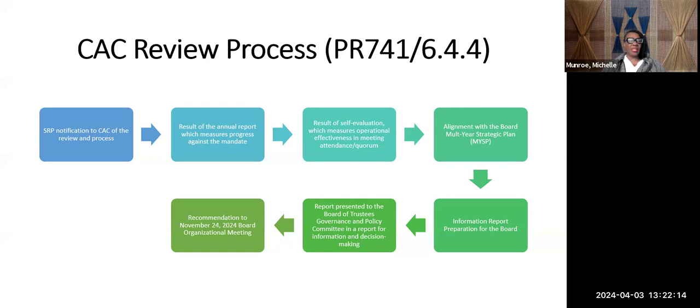That power rests within the Board of Trustees. Staff's role in this process is really to provide a report to the board outlining information around the community advisory committees and providing trustees with the best information, thereby enabling trustees to make decisions regarding the CACs that are up for review.